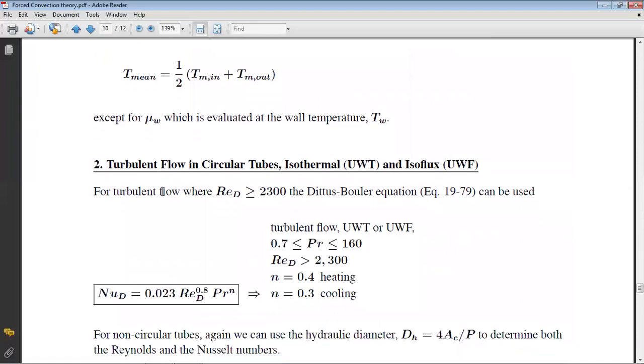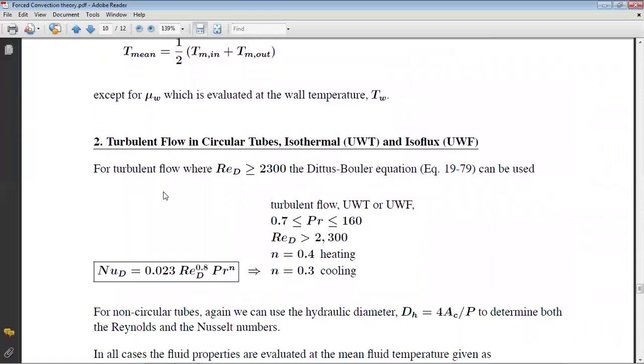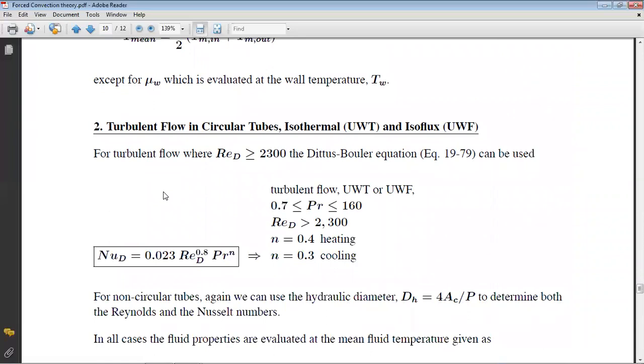Now, if you consider the tubes, the internal flow, the empirical relation for Nusselt number is given by Dittus and Boelter.